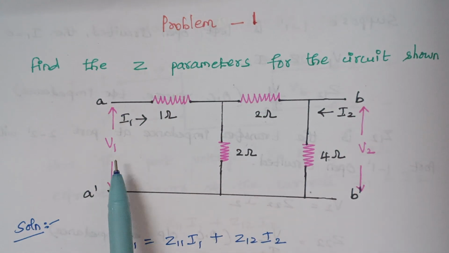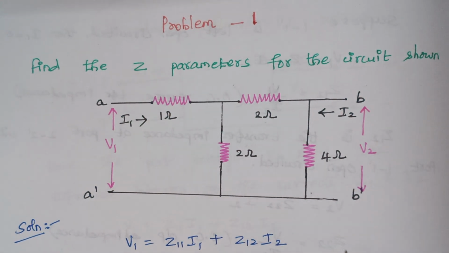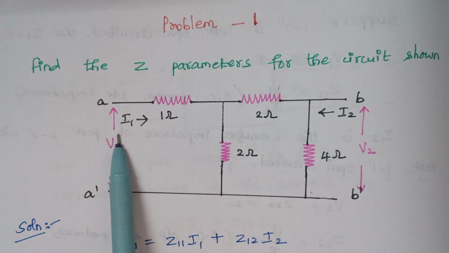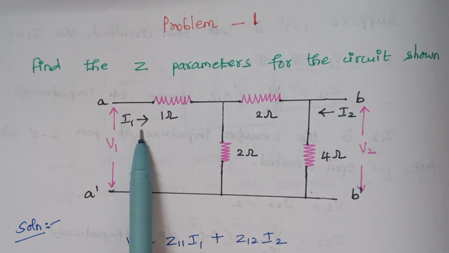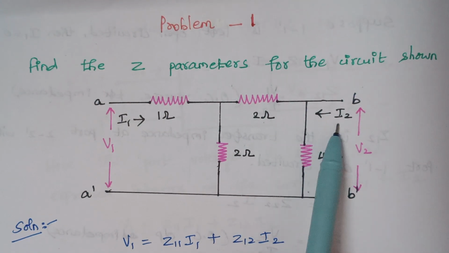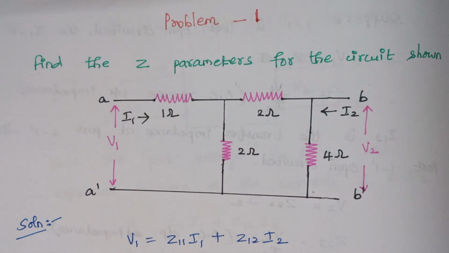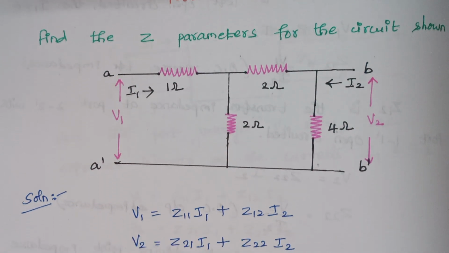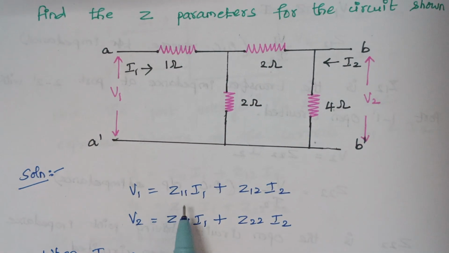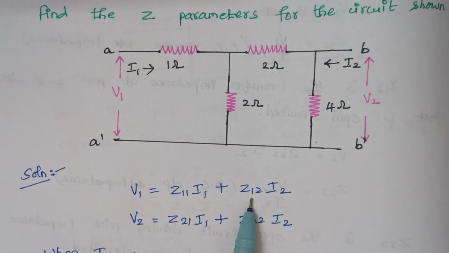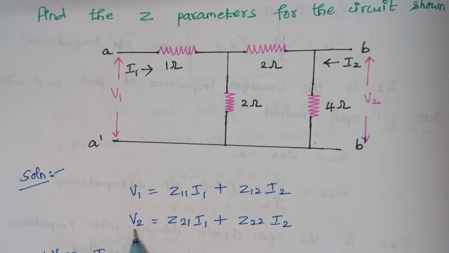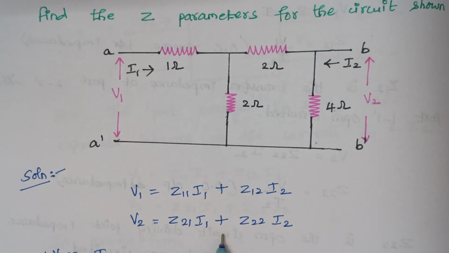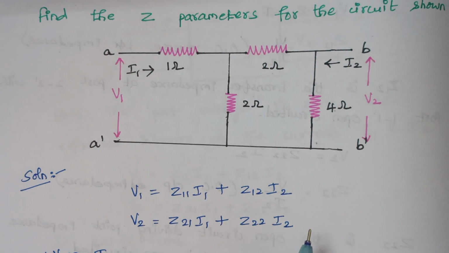Here we have V1 and V2 as the respective voltage sources, and I1 is the current flowing through the input side and I2 is the current flowing through this side. Whenever you are asked to find the Z parameters, just write down the basic equation. Here V1 is equal to Z11 I1 plus Z12 I2, and V2 is equal to Z21 I1 plus Z22 I2.